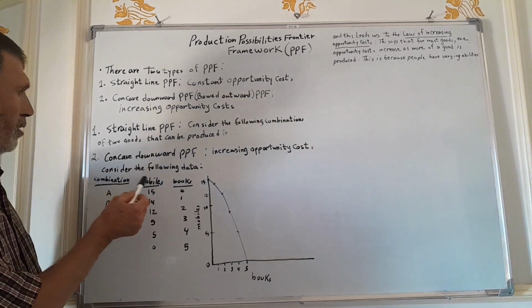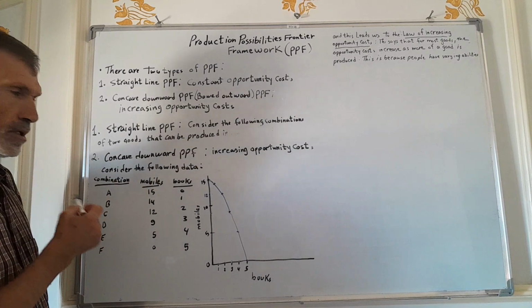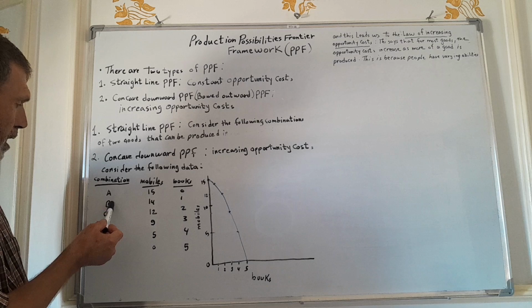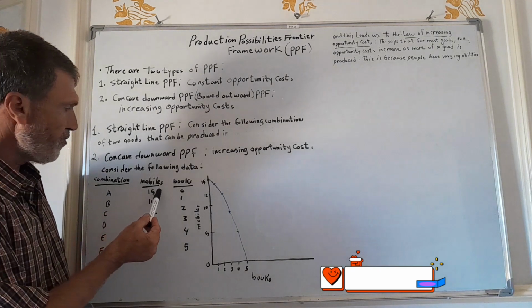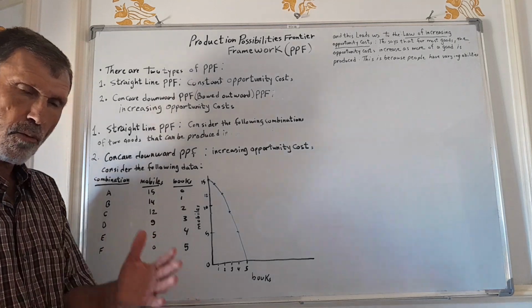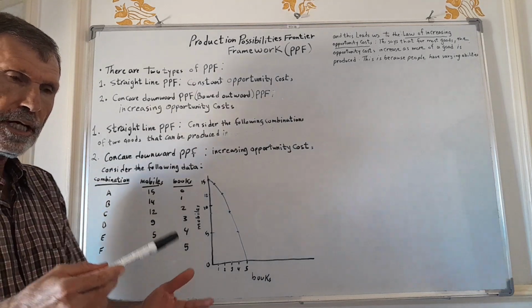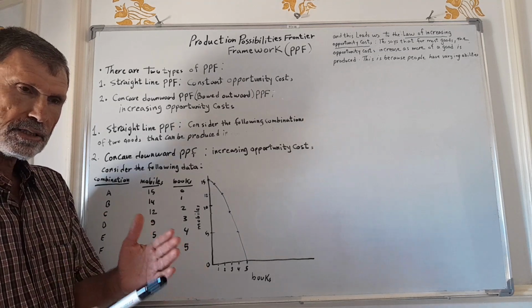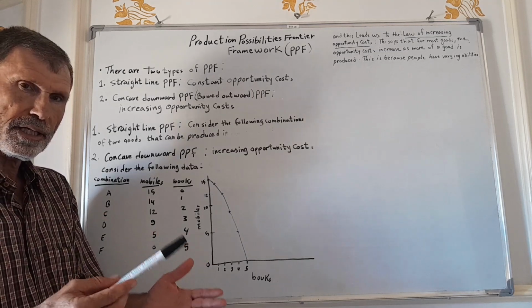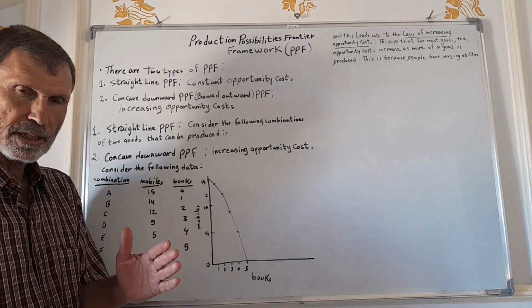So consider the following data. You have combinations A, B, C, D, E, F. Of course, at combination A, we have 15 mobiles, assuming that the company or the country is producing mobiles and books. So these are the 2 goods that the company is producing.